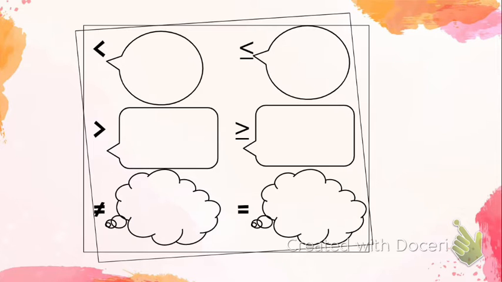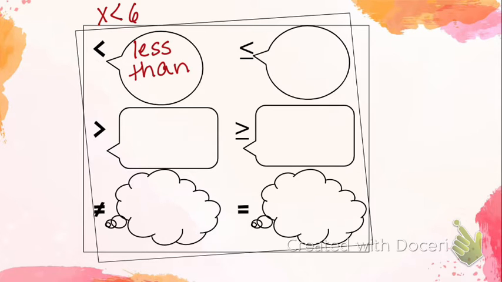So the first thing to know is, and I have uploaded the picture of the notes so that you can write them on your own, okay? So this little symbol right here means less than. So if I said x is less than 6, that means x could be 5 or 4 or 3.